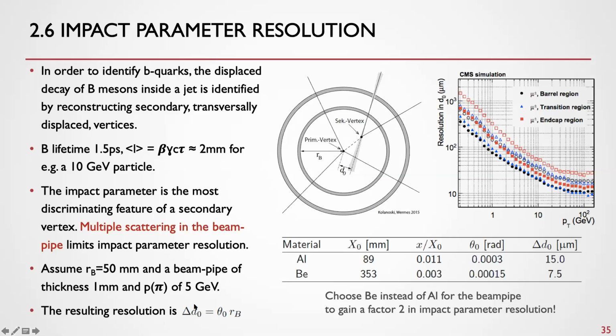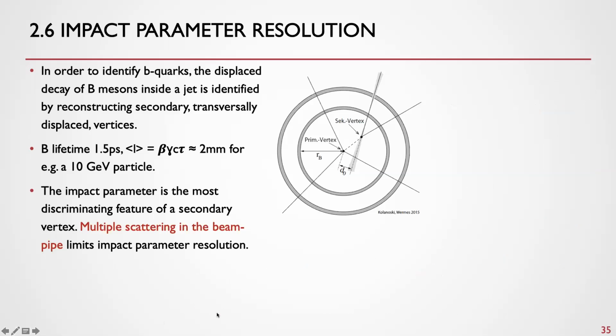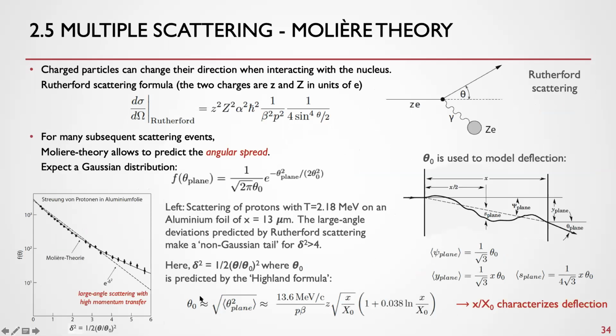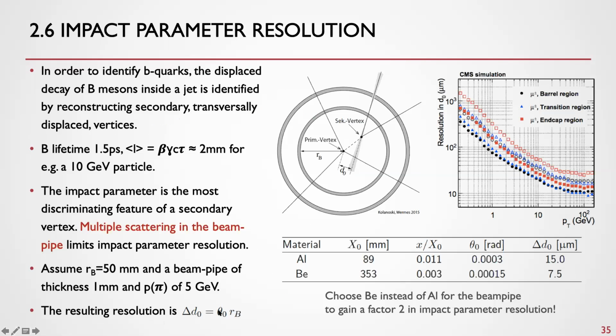The resulting resolution delta D is the theta naught, which is the parameter from Molière theory here, because this is the average angular spread. So it's the average angular spread times the distance of the beam pipe where the deflection happens.